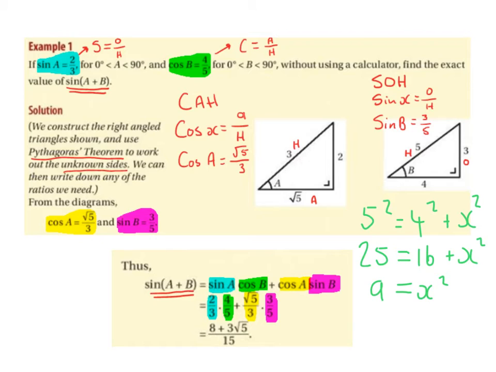And then when we had the three sides of each triangle, we used cos and sine to figure out cos of A and sine of B. Then we had sine of A and cos of B from the question, and we had worked out cos of A and sine of B using the right angle triangles, and then we just inputted them into the compound angle formula and got our answer.